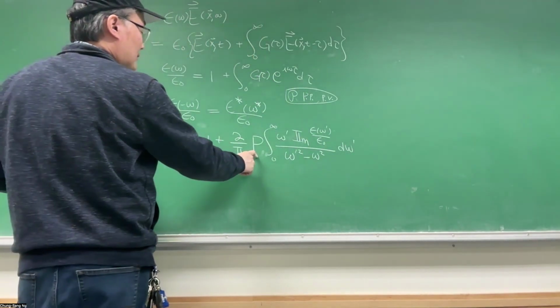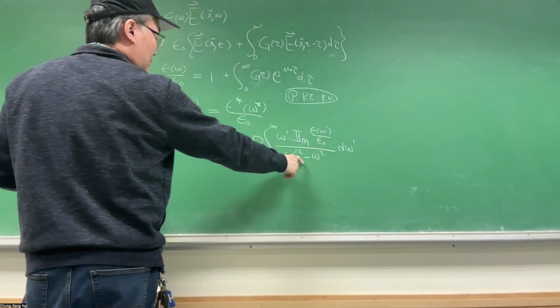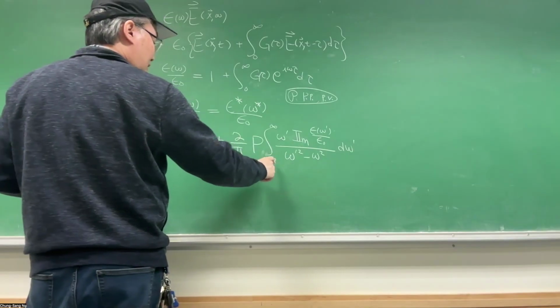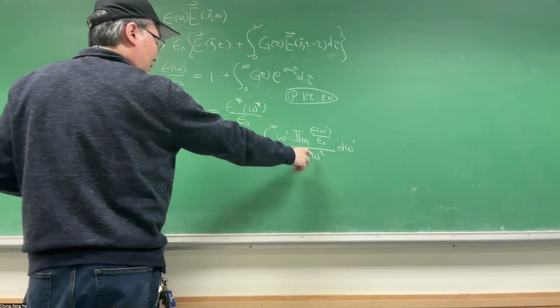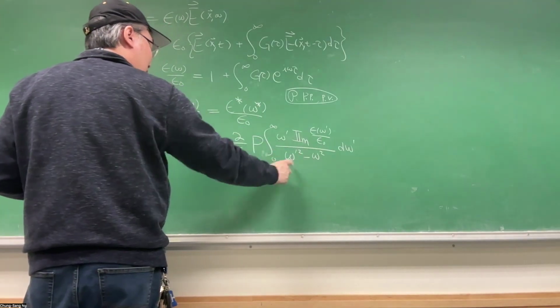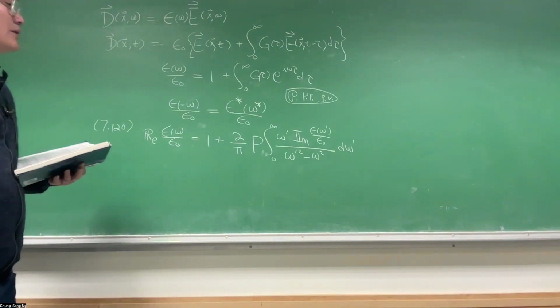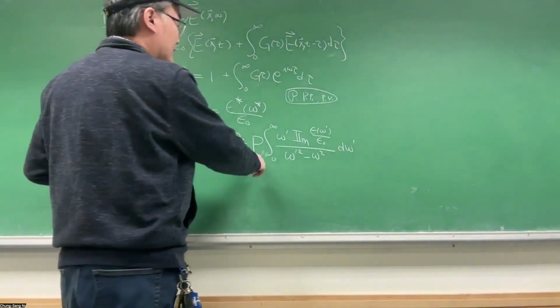Basically, the principal part operation is that when you integrate from 0 to infinity, somewhere along the line omega prime will equal omega, so the denominator will be 0, and that's singular. What you do is skip over that.